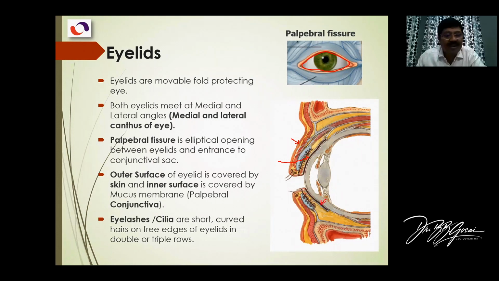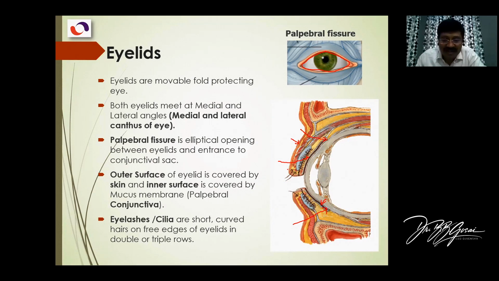The outer surface of the eyelid is the skin and the inner surface is the palpebral conjunctiva. The palpebral conjunctiva reflects to the bulbar conjunctiva at a point. This one is known as the fornix. This is the superior fornix and this one is the inferior fornix, which is labelled in the next slide. So this is the fornix.